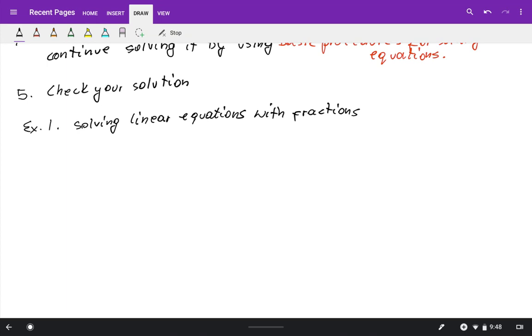So the idea is to remove fractions to simplify to an equation which doesn't have fractions anymore, and we know how to solve those types of equations. So we have 3 over 4 x minus 21 over 6 equals 5 over 6.